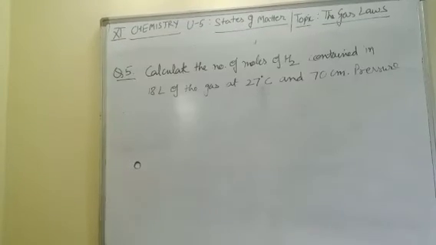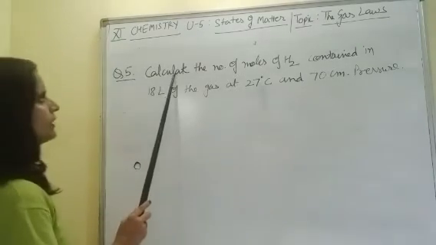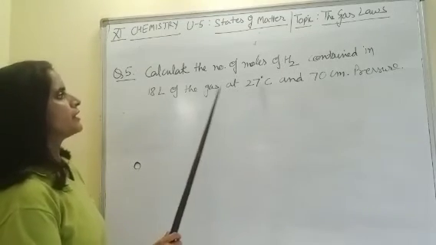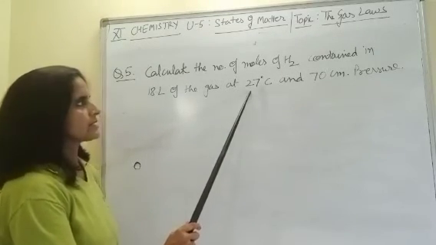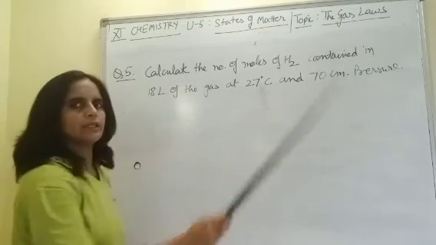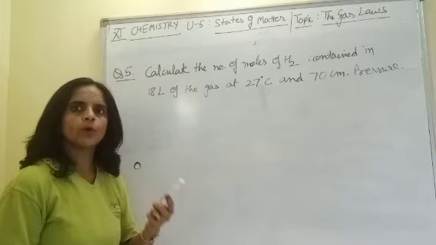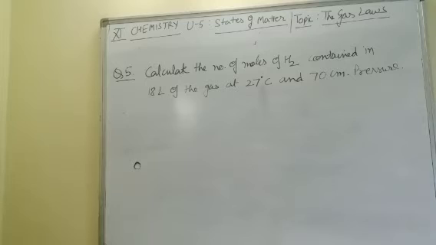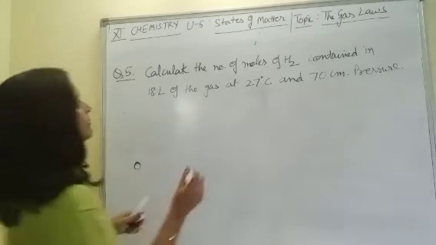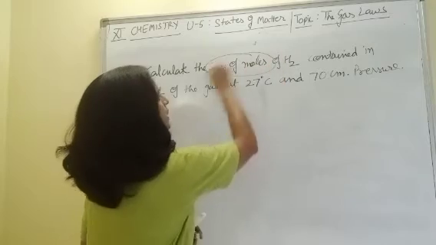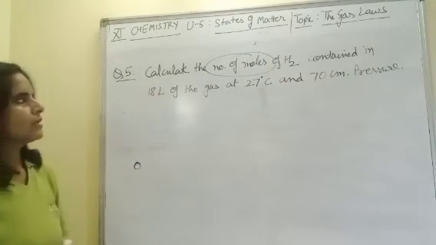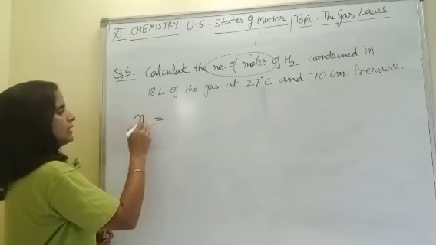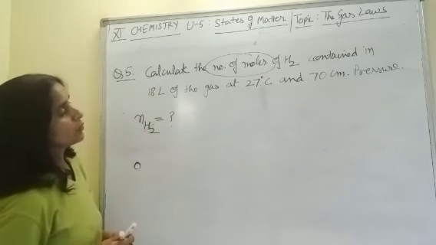So now the next question. Calculate the number of moles of hydrogen contained in 18 liter of gas at 27 degrees Celsius and 70 centimeter pressure. To check which law we will be using here, again note down all the parameters given to you. First, we have to calculate the number of moles of hydrogen. Now what is given next?